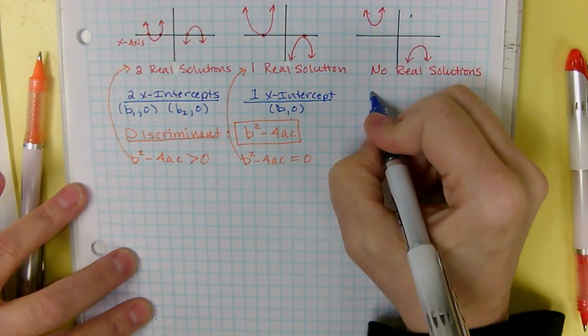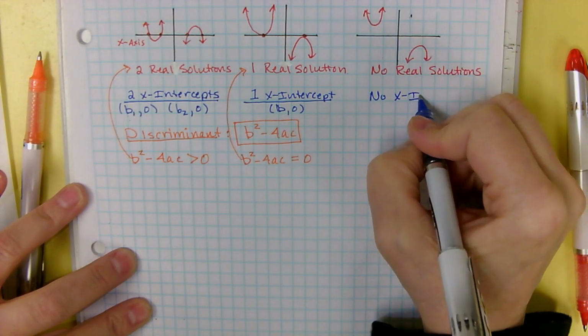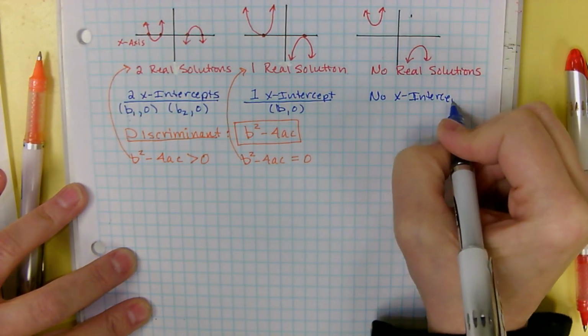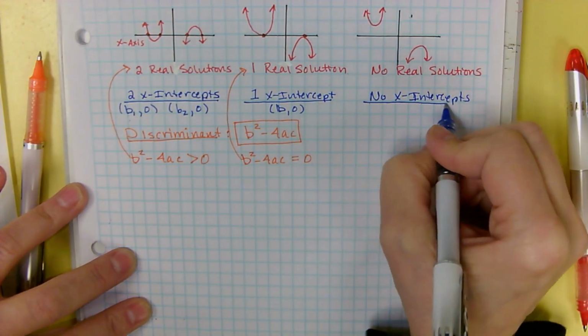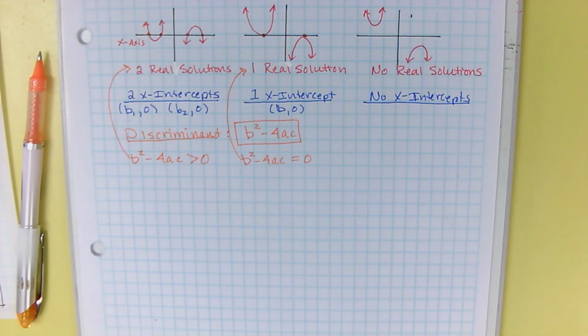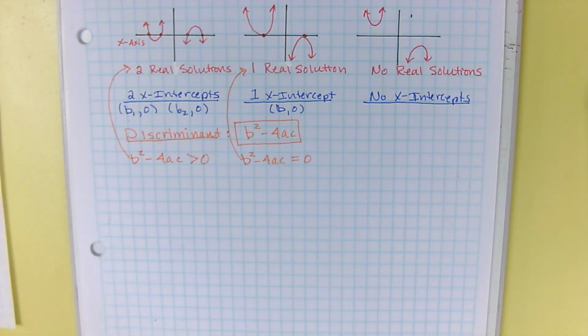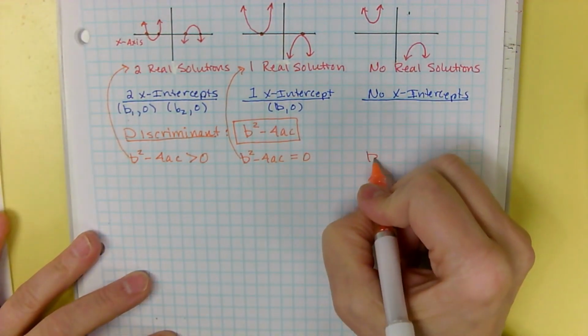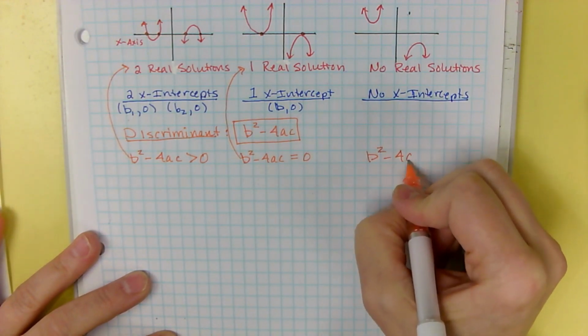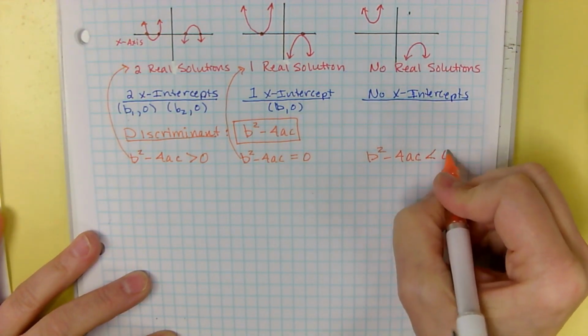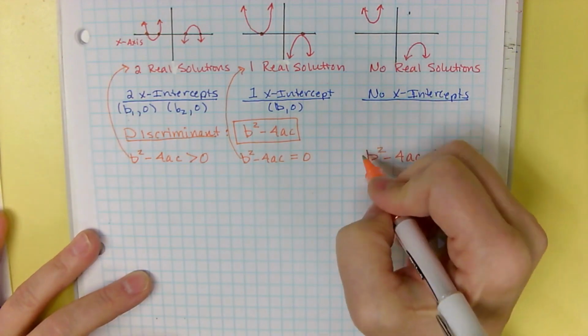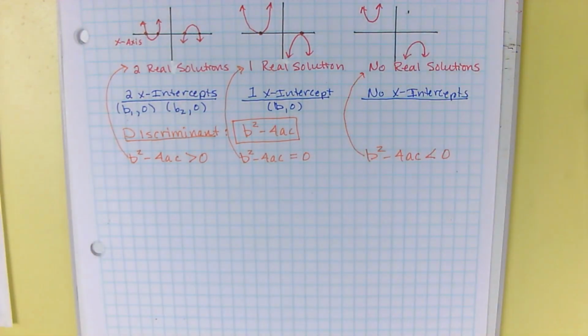It means there are no x-intercepts. Doesn't cross anywhere. And the discriminant can tell you this. If b squared minus 4ac is less than 0, if it's a negative number, that means there was a negative under the radical and there is no real solution.